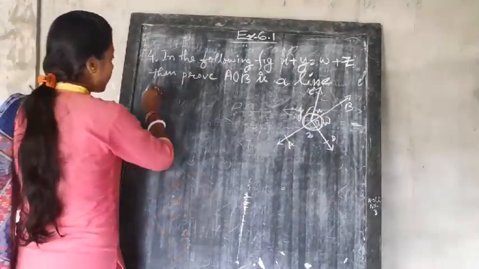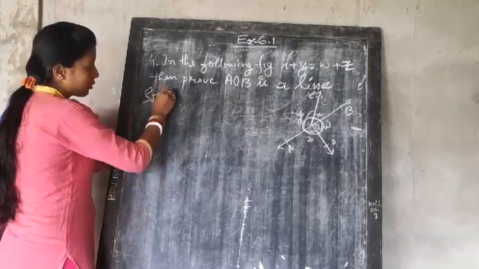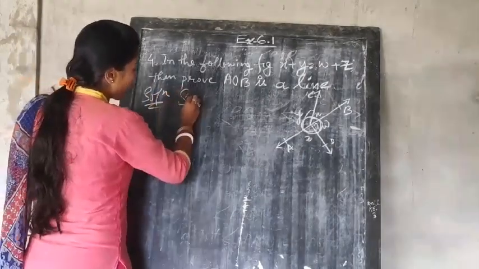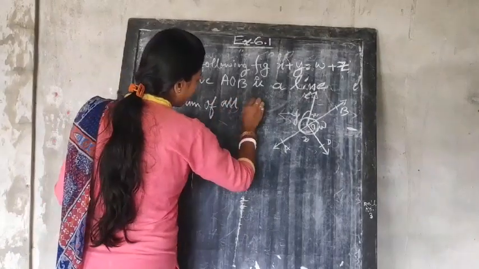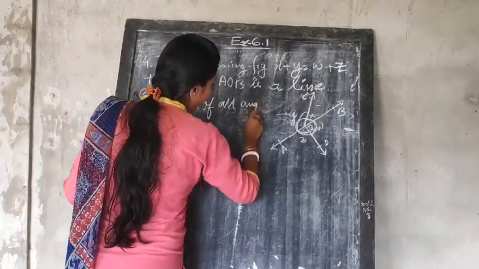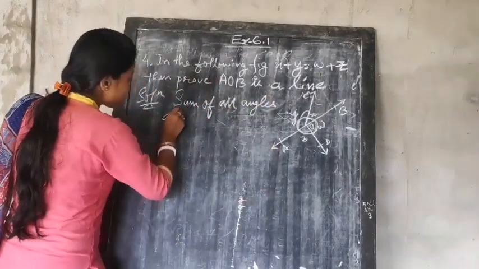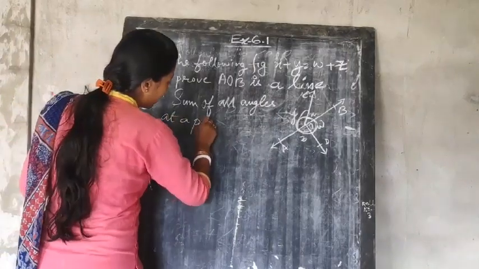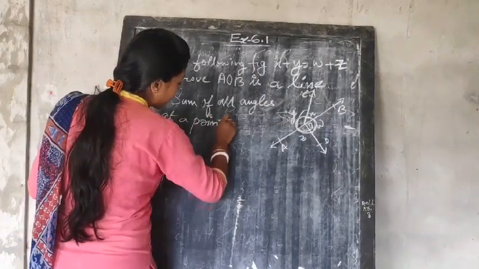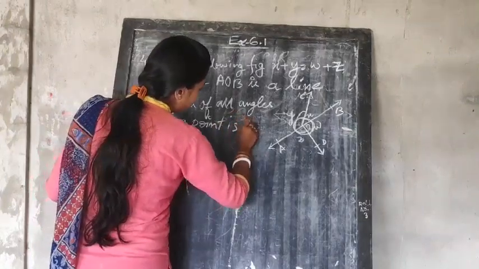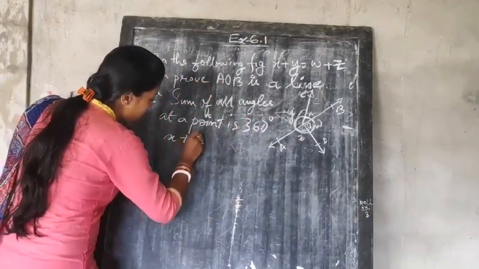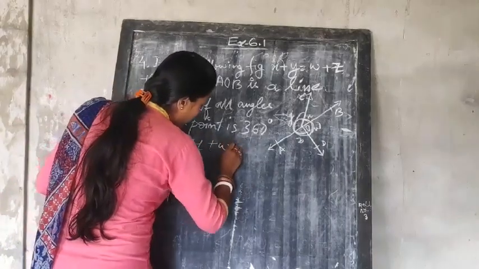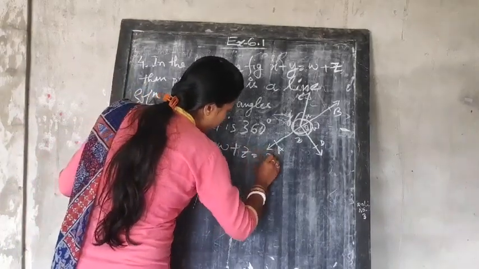So we will start like this. Sum of all angles at a point is 360 degree.